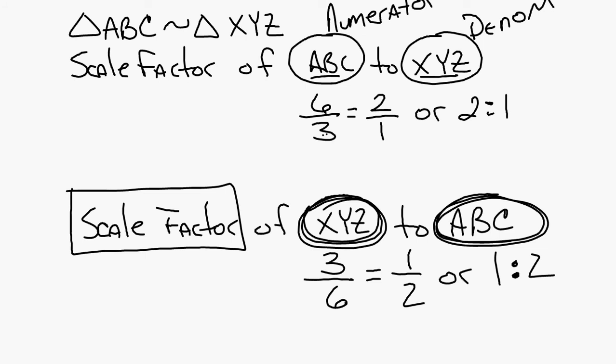Let's take a look at example 3 on page 471. It says in the diagram, ACDF is similar to VWYZ.